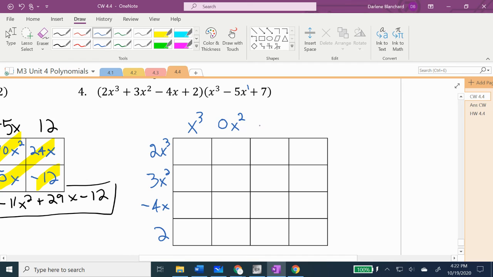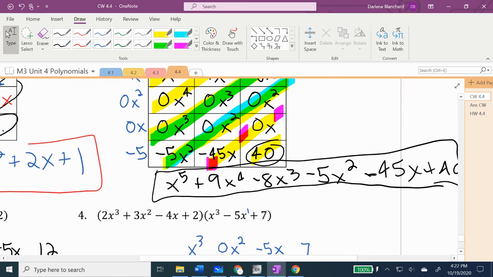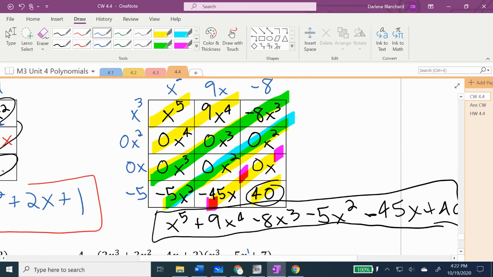Then for my x, I have negative 5x, and finally plus 7. Now, I do want to say that if you just go down this column, you can just say it's all 0. You don't have to write things the way I did in the previous problem, because if you're getting 0, you're getting 0.